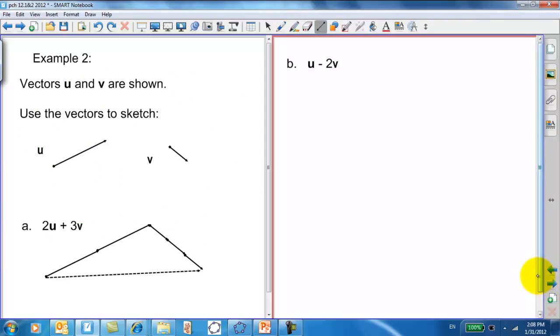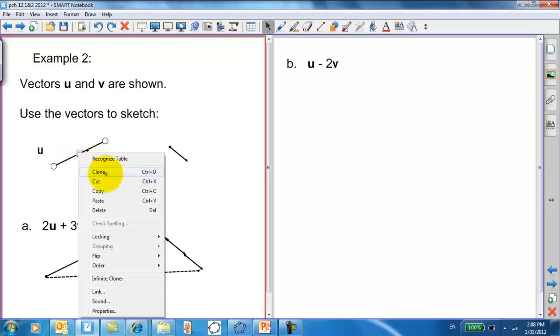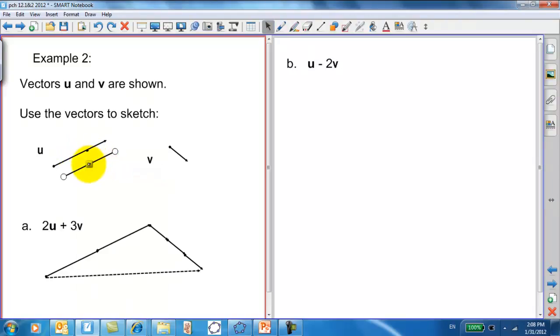Now for U minus 2V, again, we're going to need a copy of this puppy. Leave it there. Let's clone that. So we just need one of those, one of these over here, and then minus 2 V's. So let's clone that a couple times and move them over here.